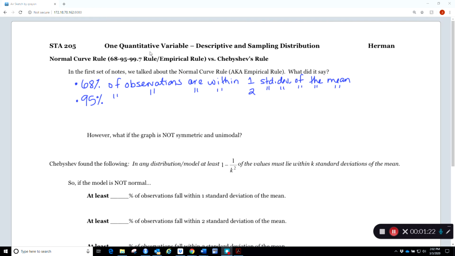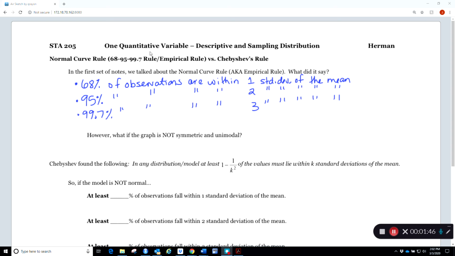And then finally, if we went out 3 standard deviations, we got 99.7% of the observations. So as long as we knew the mean and standard deviation, and of course knew it was a normal distribution, these 3 things would always hold.